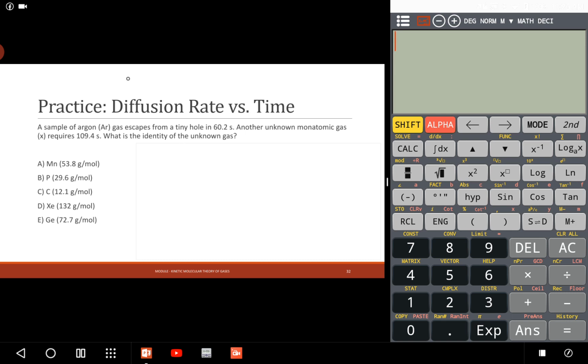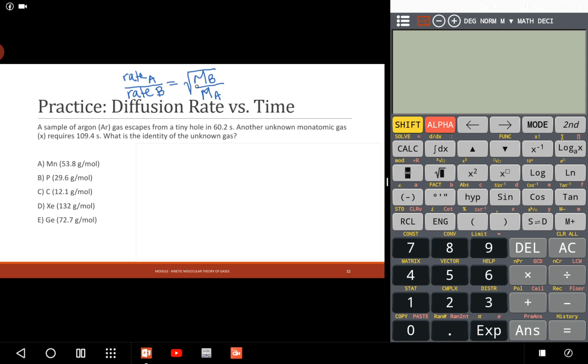So given our equation, I'm going to write our equation up here. Rate A over rate B is equal to the square root of the molar mass of B over the molar mass of A. Now, I'm going to have to solve for one of these molar masses.